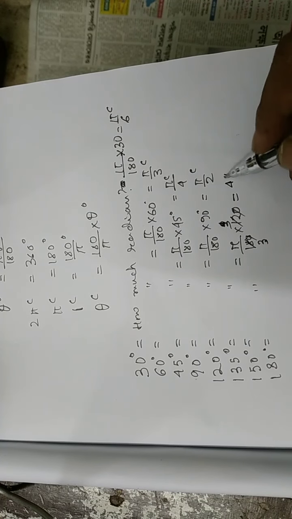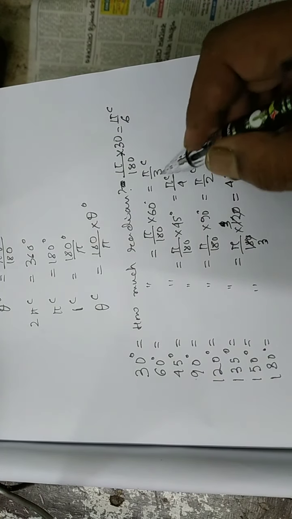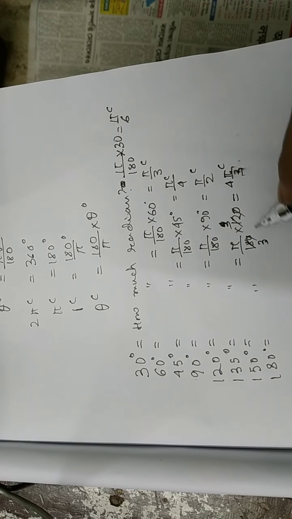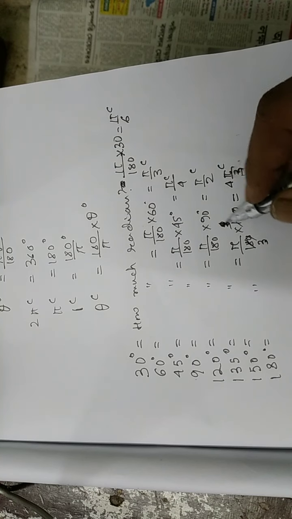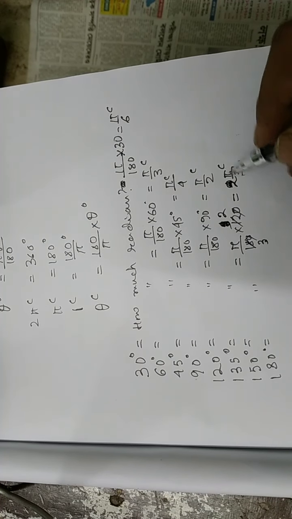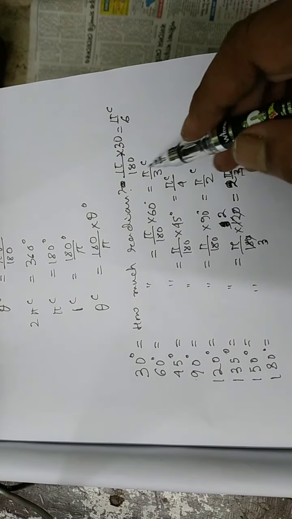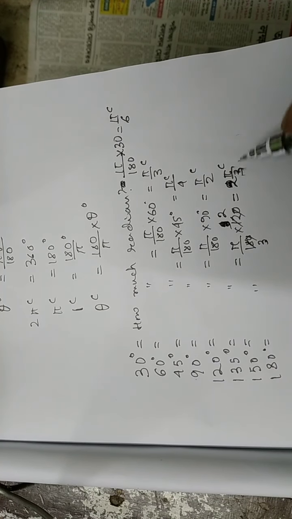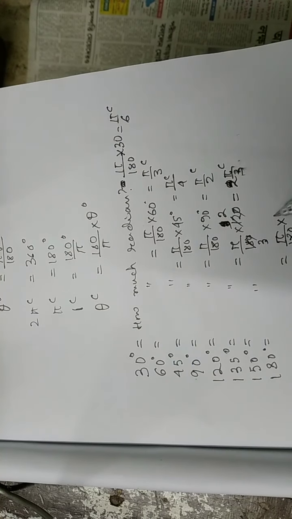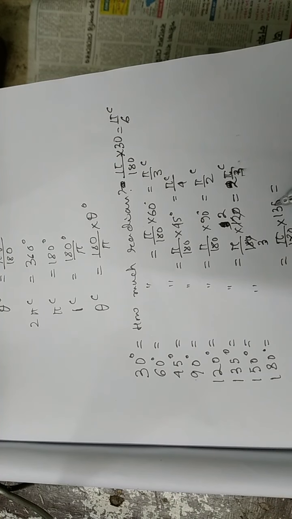Since pi by 3 is 60 degree, 60 into 2 is 120 degree. Then 135 degree: pi by 180 into 135. It is very simple. This is 45 degree and 135 is 3 into 45, right? So it is 3 pi by 4.